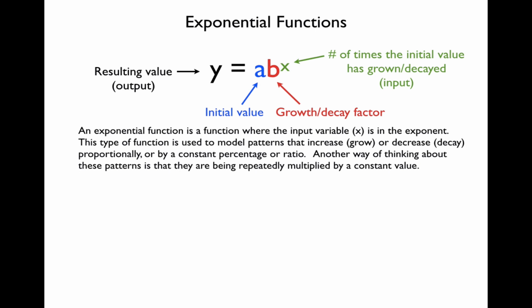An easier way of thinking about these patterns is that they are being repeatedly multiplied by a constant value, in contrast to linear functions, which are repeatedly being added by a constant value.